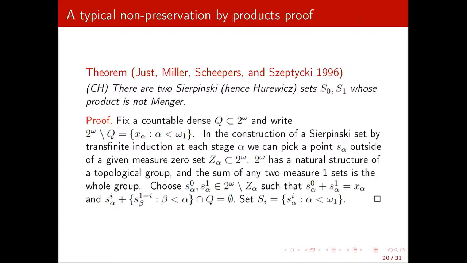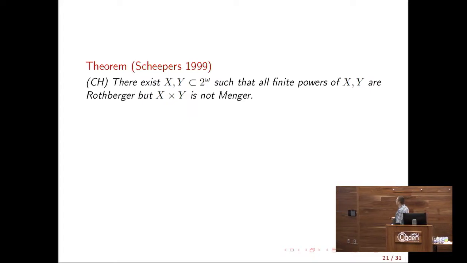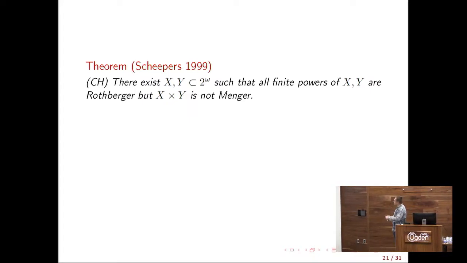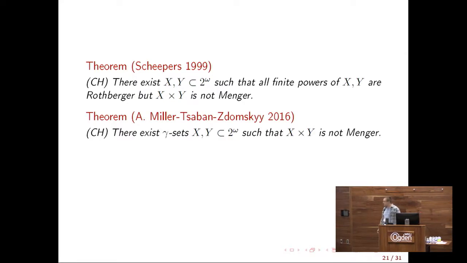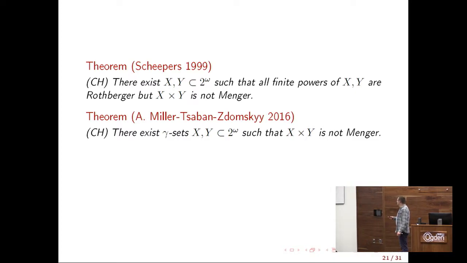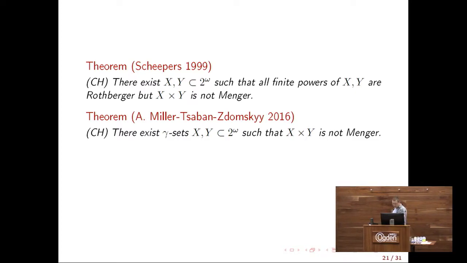Good, and Scheepers, in a similar manner, proved that there are two Luzin sets which are Rothberger whose product is not Menger, and all of their finite powers are in addition Rothberger. And then Arnie Miller, with Boaz Tsaban and myself, but the crucial idea comes from Arnie Miller, constructed under CH two gamma sets of reals whose product is not Menger.